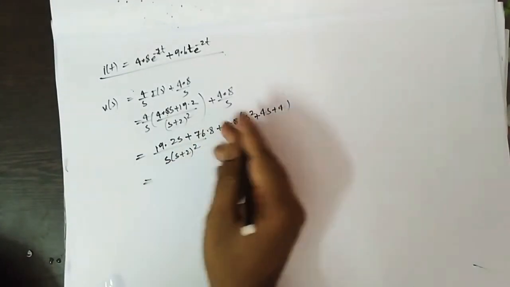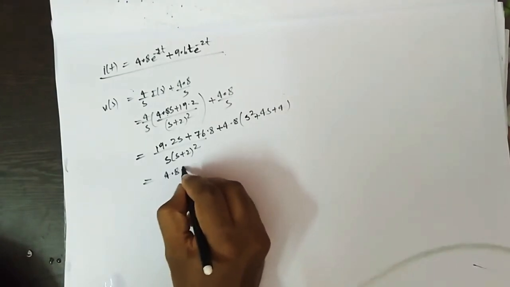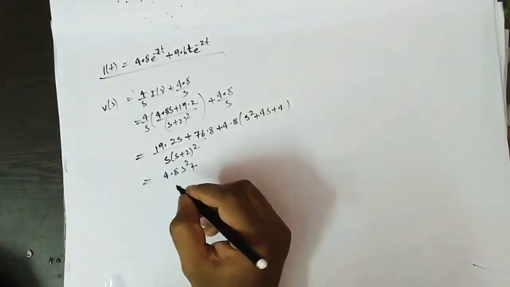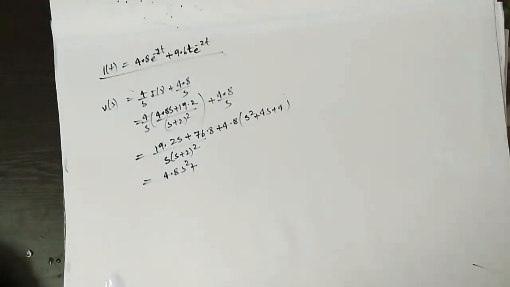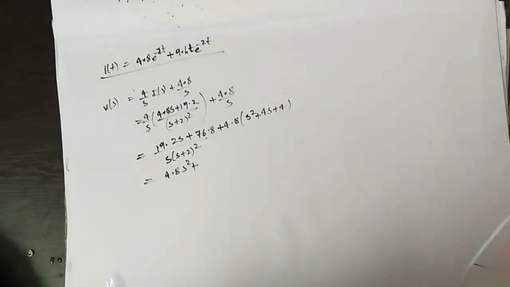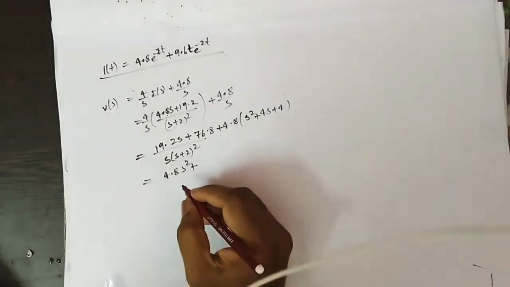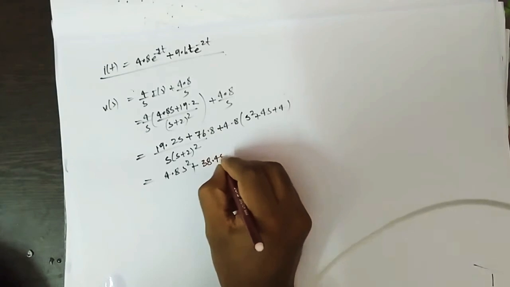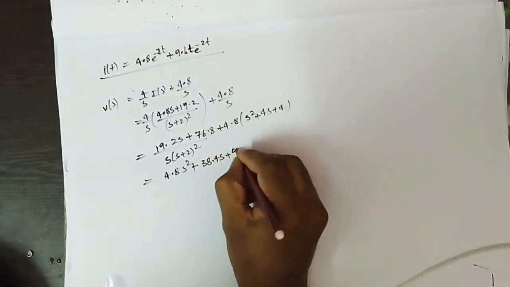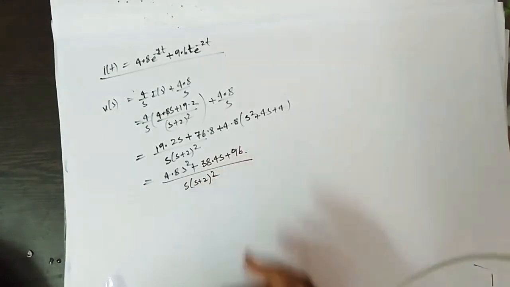So rearranging the numerator, you will get 4.8 s square plus 38.4 s plus 96 by s into s plus 2 whole square.